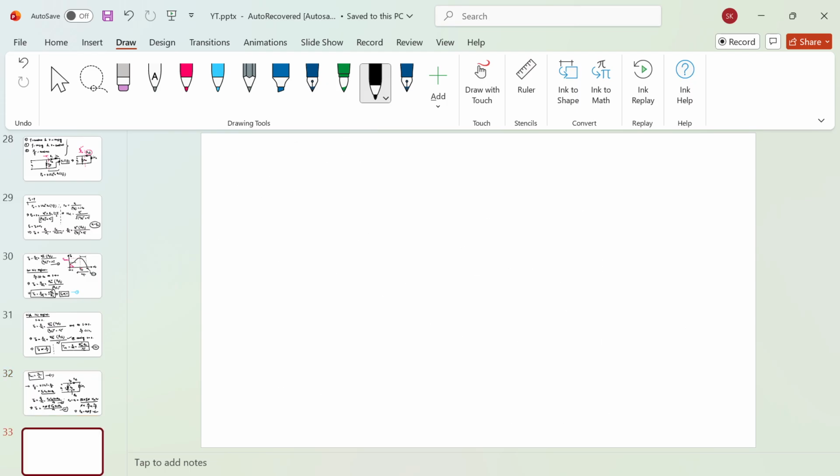So let me consider first case number one, when my frequency is constant and my voltage is varying.